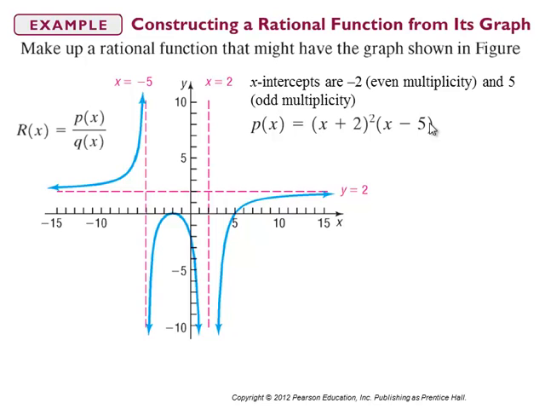Okay, so that's the numerator so far. Remember, the numerator is what determines your intercepts. Now, what determines your vertical asymptotes will be your denominator. Well, we see that we have a vertical asymptote at -5 and also at 2.